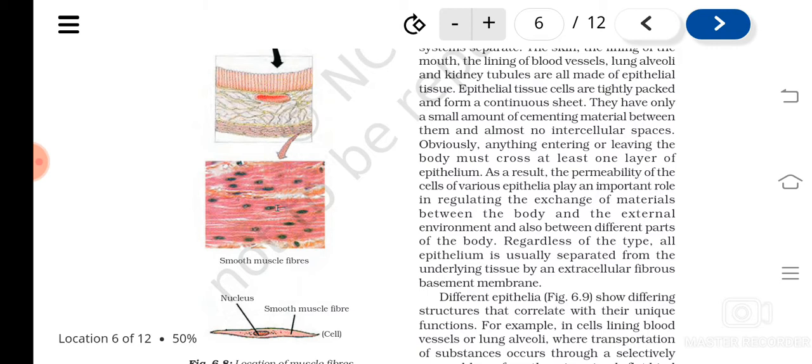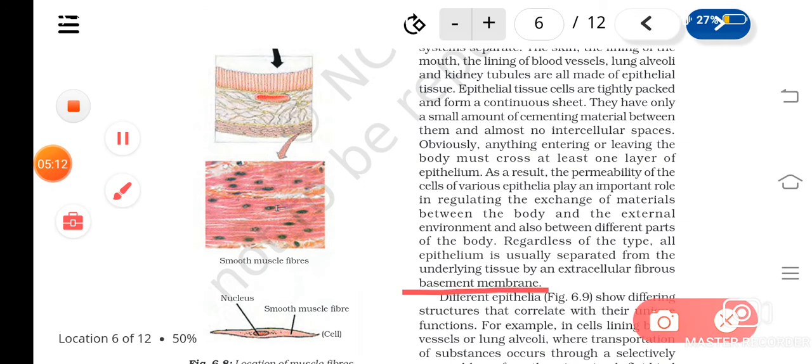So the permeability of the cells of various epithelia plays an important role in the exchange of materials between the body and the external environment. Then there is another important feature of epithelial tissue, that is the presence of a basement membrane, which lies beneath the epithelial tissues.